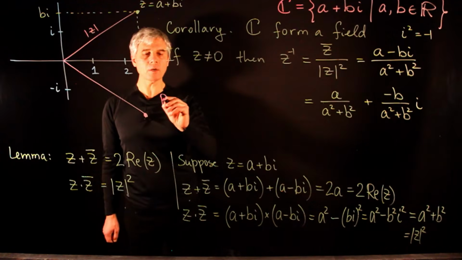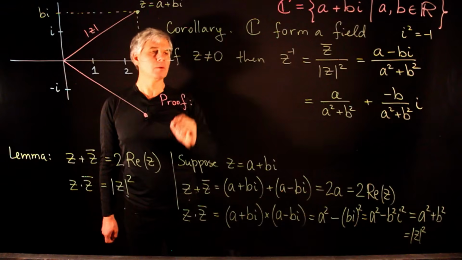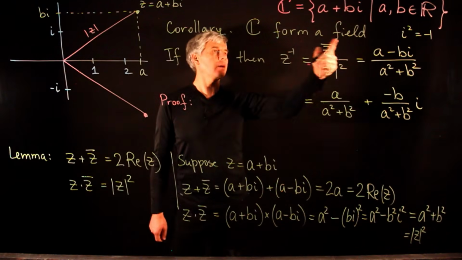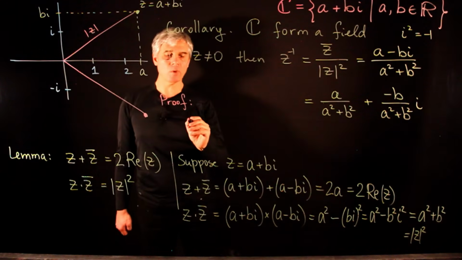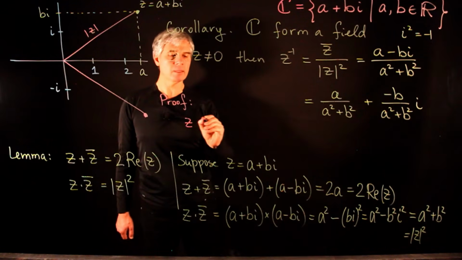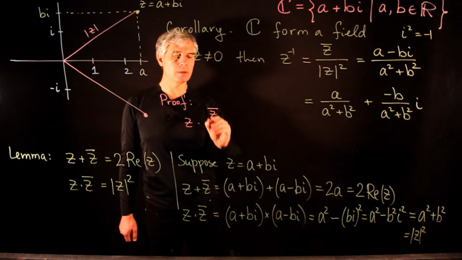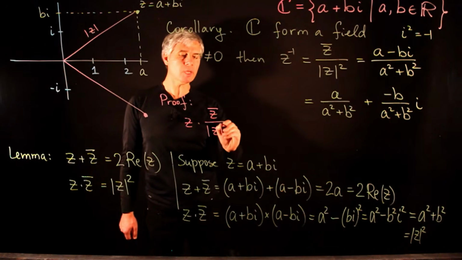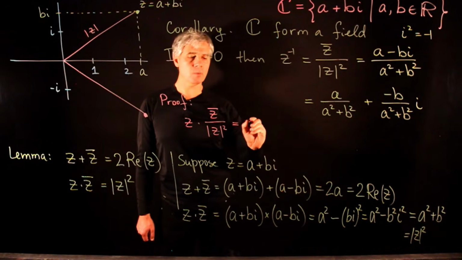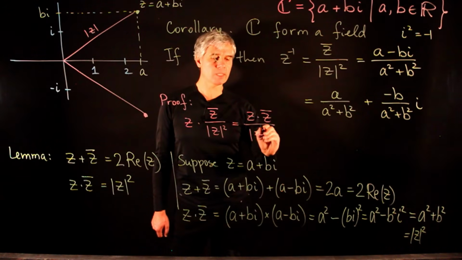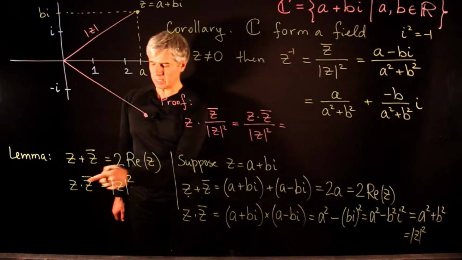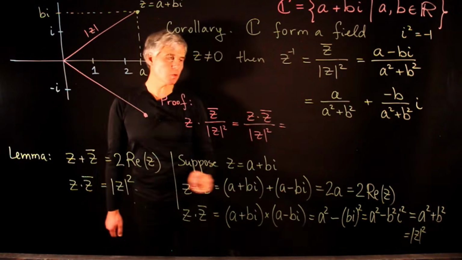Now, to prove this corollary, we have to show that if we multiply this expression by z, we are going to get 1. So if we have z times z bar over the norm of z squared, but by this lemma, z times z bar is the norm of z squared.